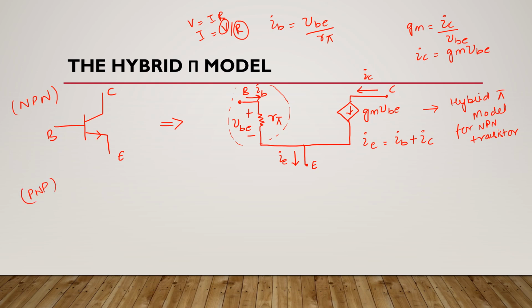We know that the symbol of PNP transistor is like this, where this terminal is emitter, this terminal is base, and this is collector. Now its equivalent circuit will be like this, where this terminal is base, this terminal is collector, and this terminal is emitter here.